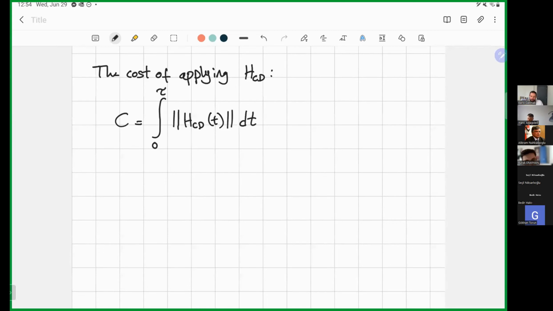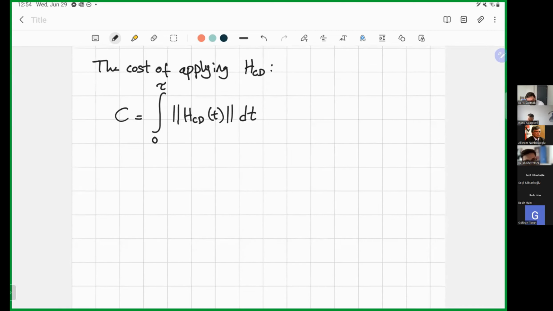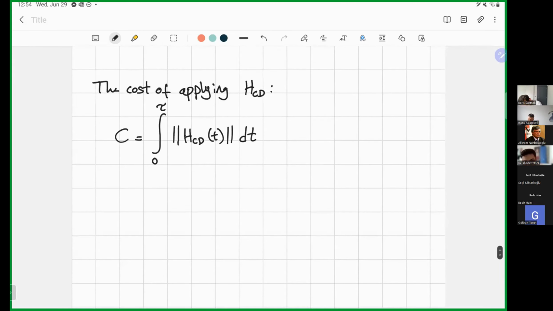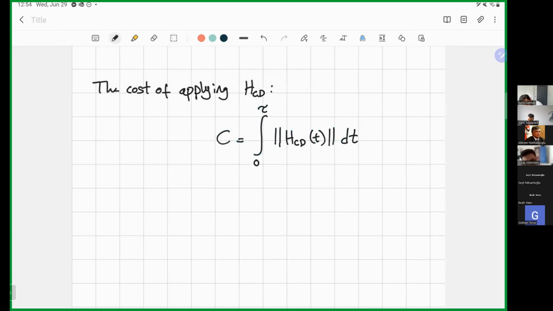As I said, this is one way of quantifying the cost, and then the average power that you put into this control, or the instant. So this is the total cost.